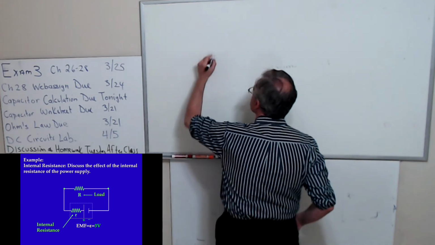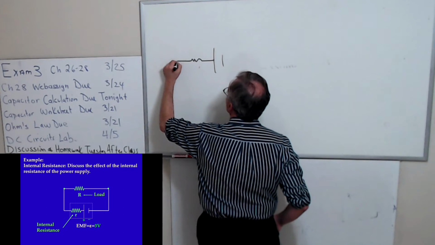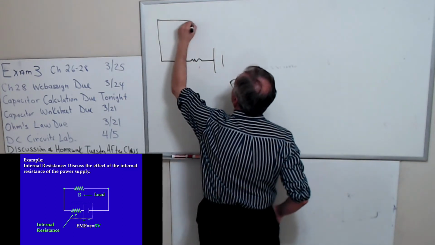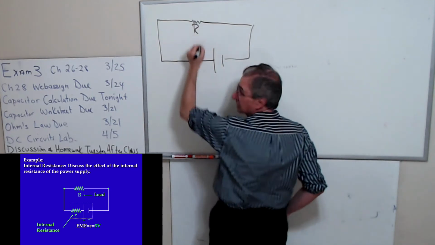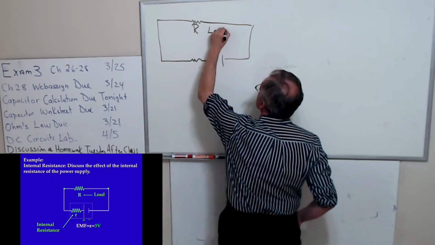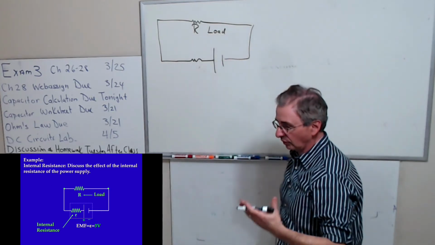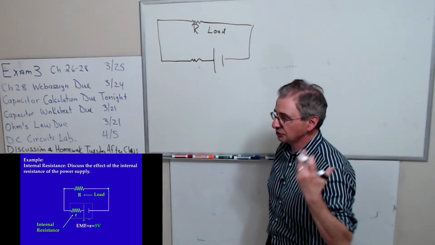So let me draw this circuit. This is more of a realistic power supply. And this is, we'll call it the load resistor. It could be whatever device that has a resistance. It could be a light bulb, it can be a refrigerator, whatever.